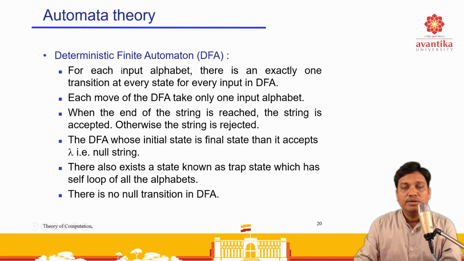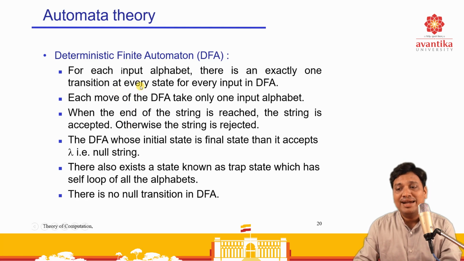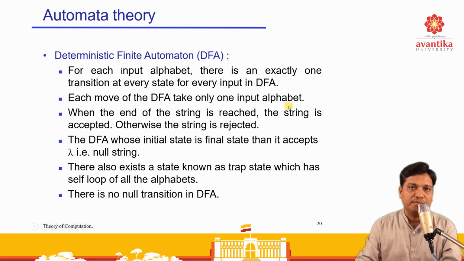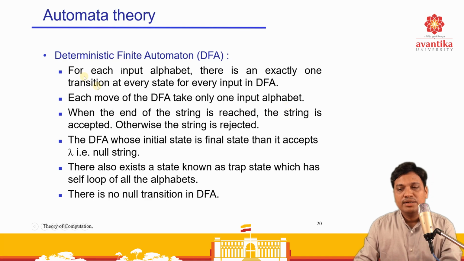Now in a deterministic finite automata, for each input alphabet there is exactly one transition at every state. Each move of the DFA takes only one input alphabet. Now the basic difference between DFA and NFA: a DFA accepts exactly one transition for every input in every state.